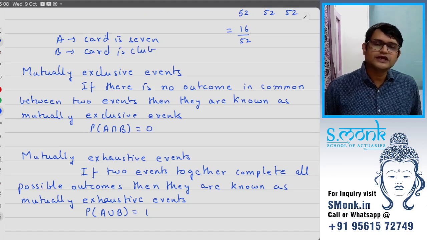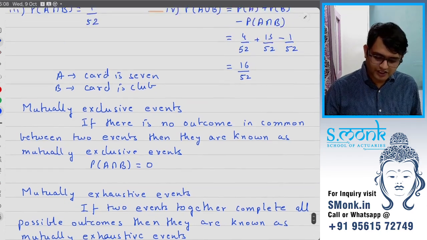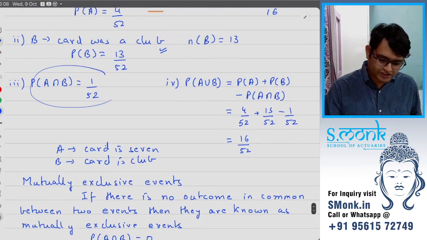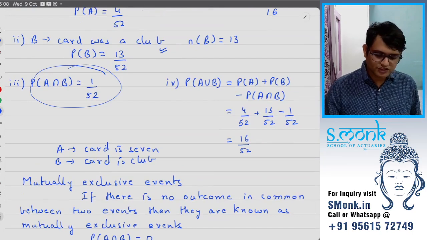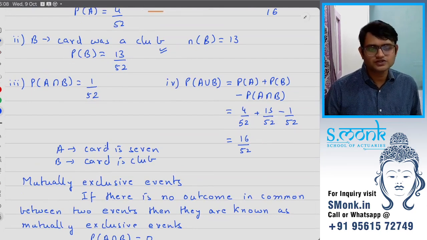They are not mutually exclusive because they do have something in common. That is why we had an intersection. The intersection was not 0, so they are not mutually exclusive.